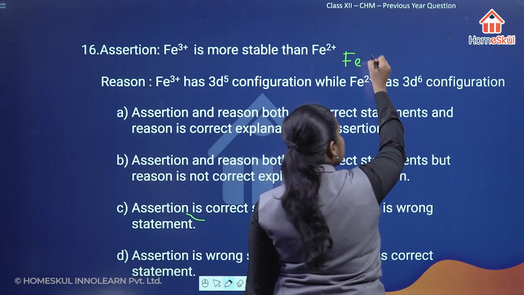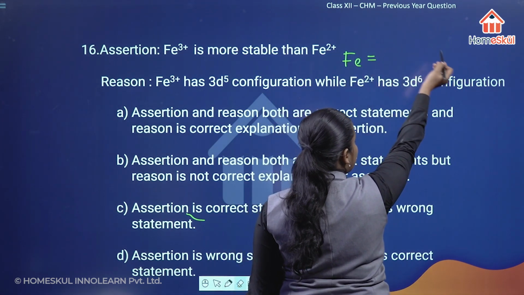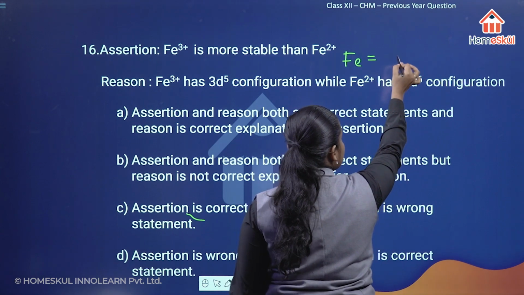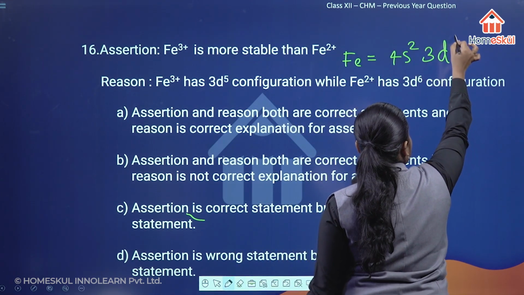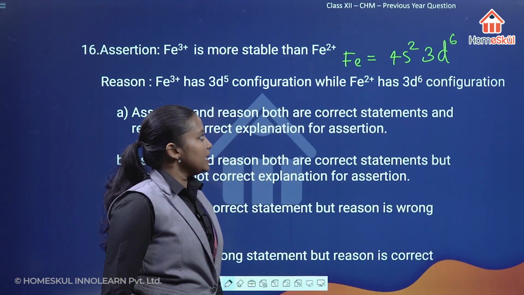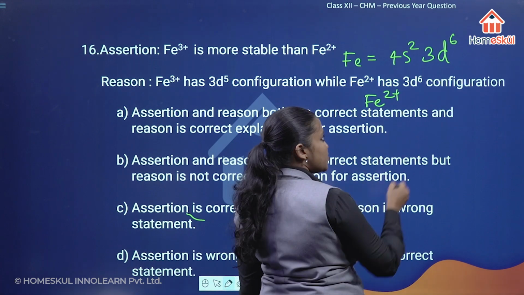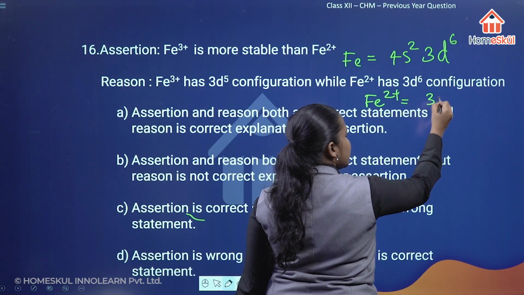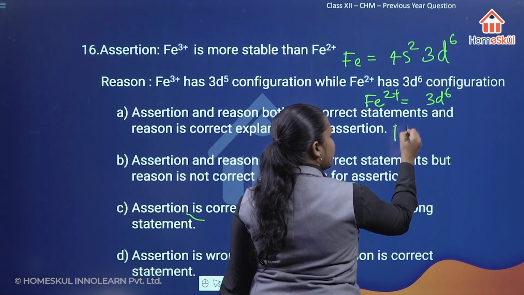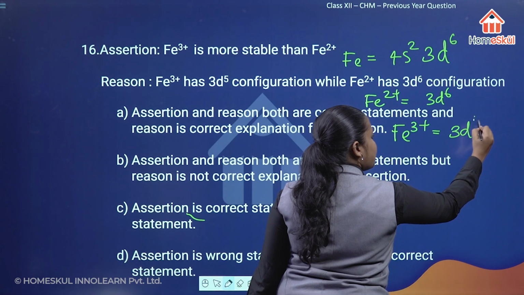So when we write the electronic configuration, the valence shell configuration is 4s2 3d6. In the case of Fe2+, it is 3d6. In the case of Fe3+, it is 3d5.